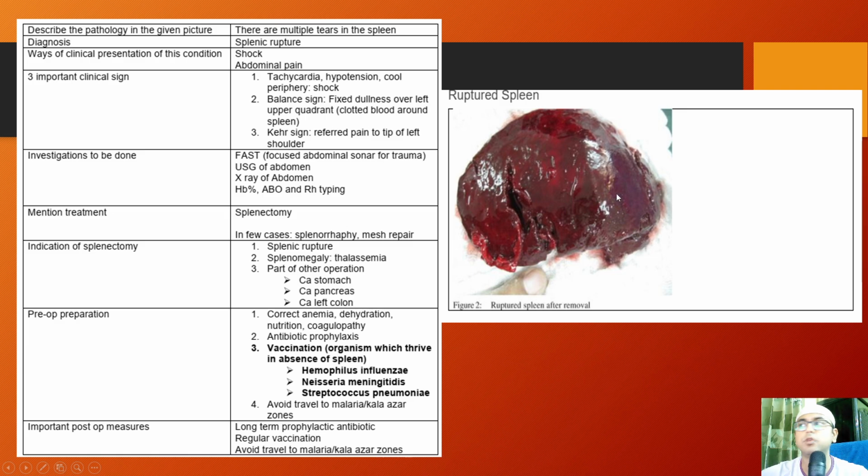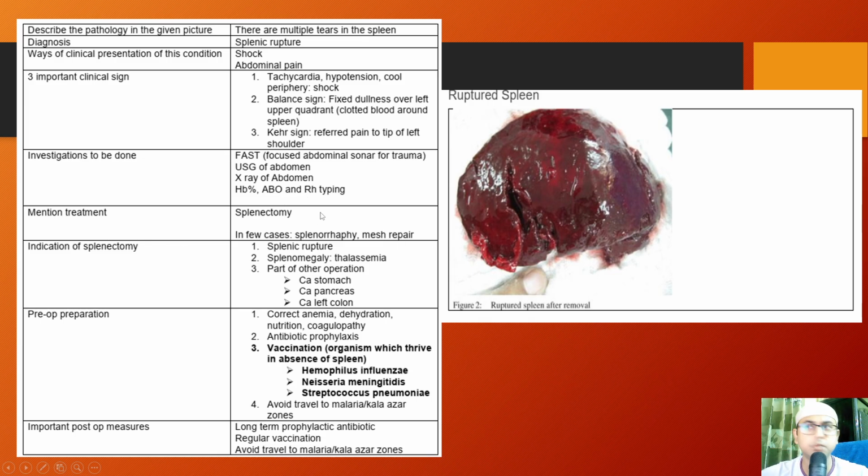So we will do it as a trauma case. As per the recent ATLS guideline, FAST scan is the investigation of choice. Then the USG abdomen, X-ray abdomen, and hemoglobin percentage, because it is a hypovolemic shock, that's why hemoglobin percentage must be checked. So also ABO and Rh typing.